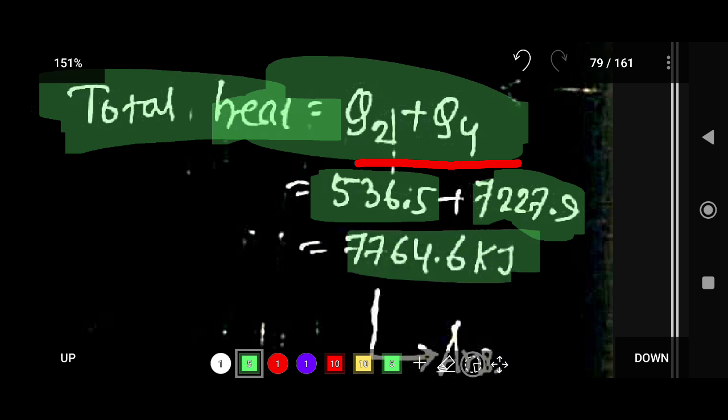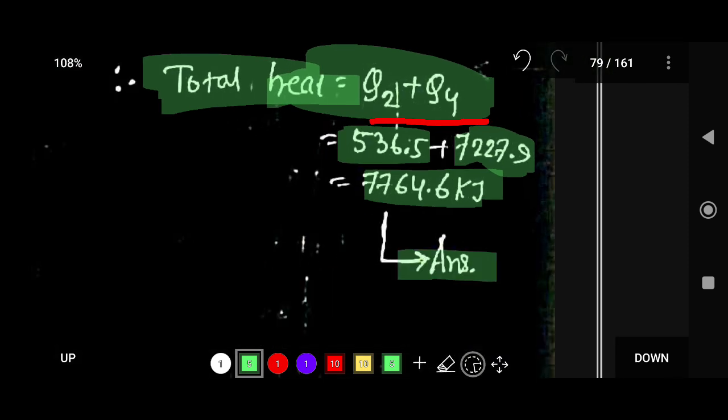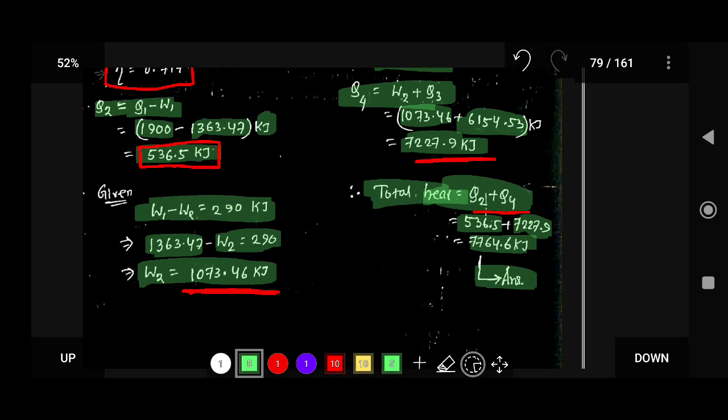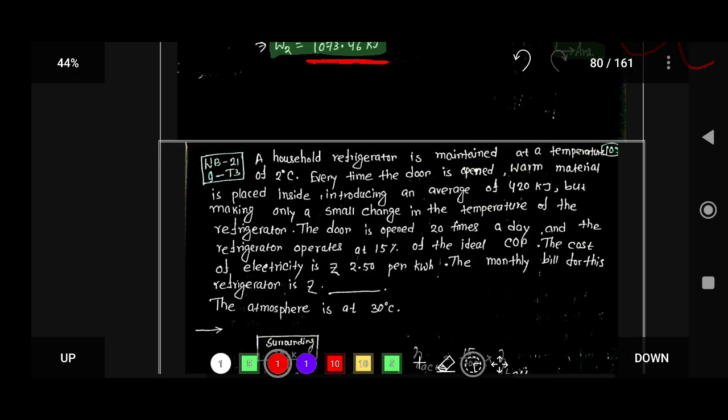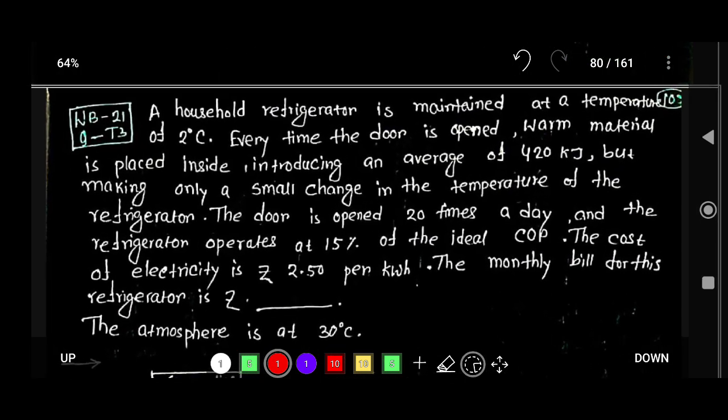So here the answer will be 7764.6 kilojoule. So this is our answer. These two are the answers: the cooling effect is one answer, and the second answer is the total heat which is transferred to the 303 Kelvin temperature.